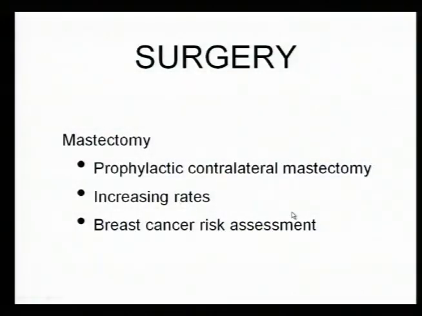So when patients talk about a contralateral mastectomy, that's typically a conversation we have about the increased risk of doing more surgery, more dissection, potentially increased complications, and trying to balance it with their breast cancer risk assessment.